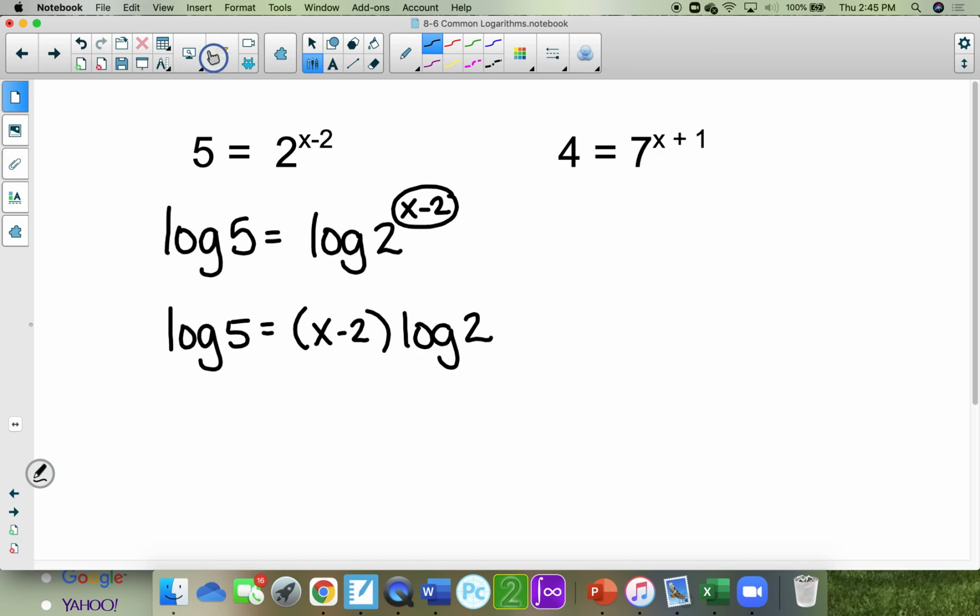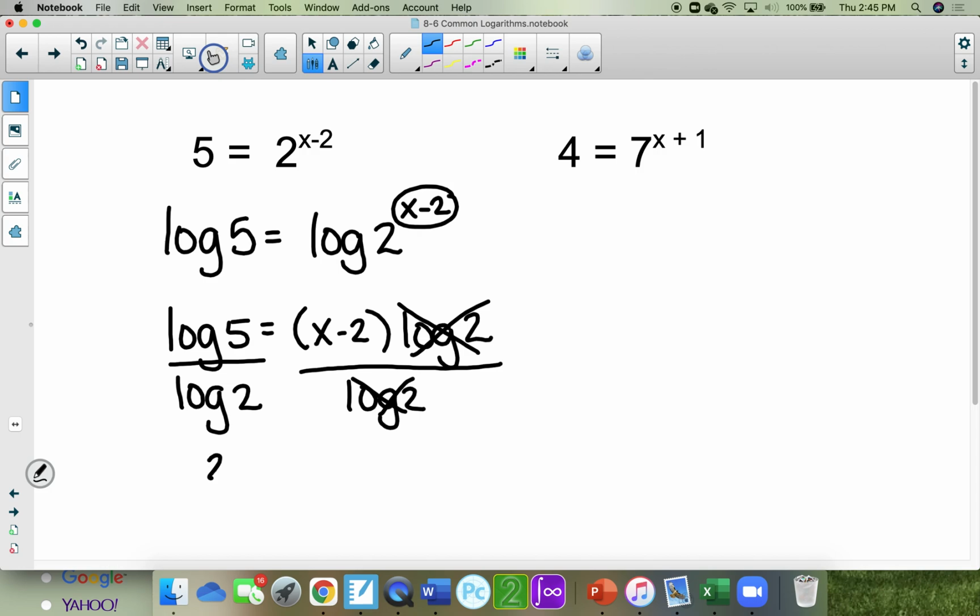So all you're going to do is get rid of that by dividing both sides by the log of 2. Whatever you do to one side, you do to the other, just like you've been doing. So you get the log of 5 divided by the log of 2, and you get 2.322 equals x minus 2. The only difference is you have an x minus 2, and then all you do is add 2 to both sides, which makes 4.322.